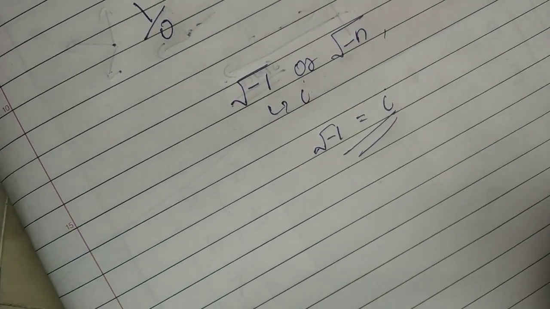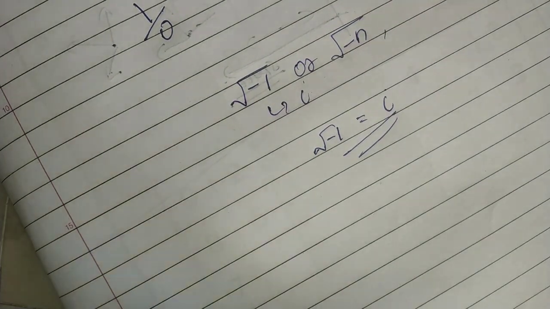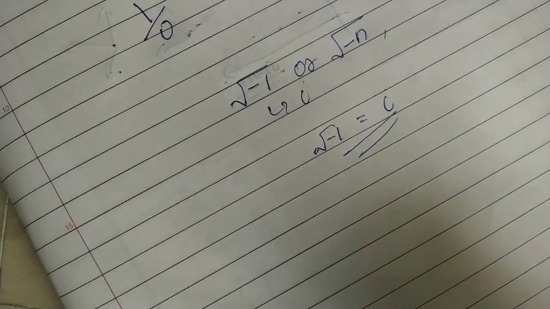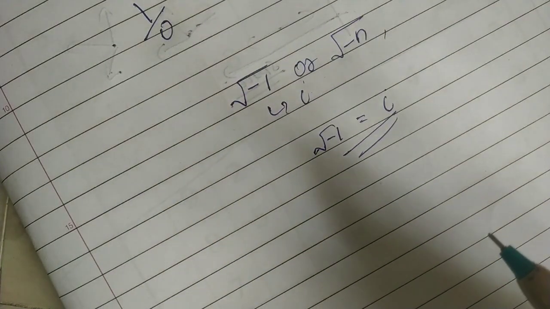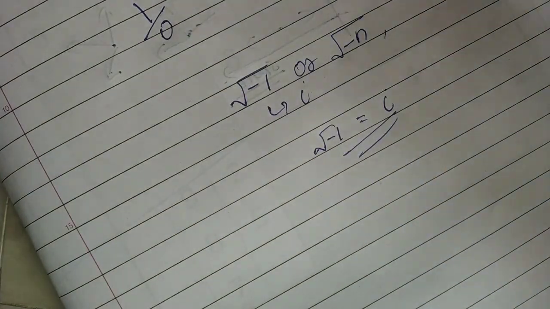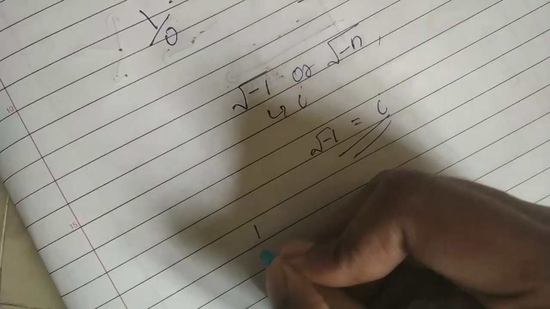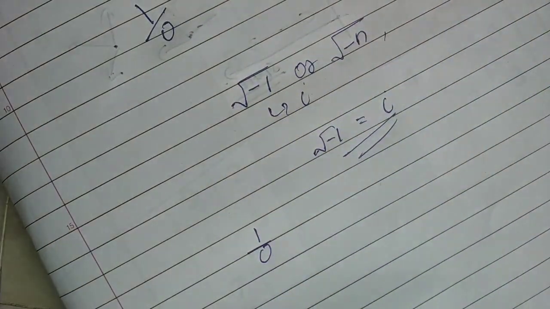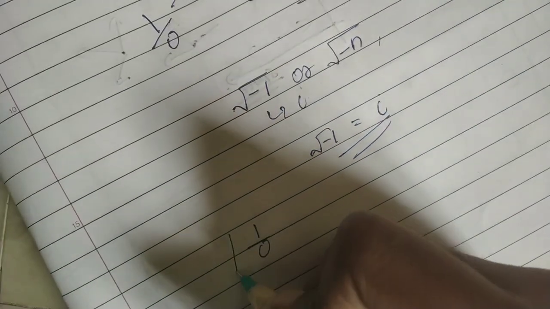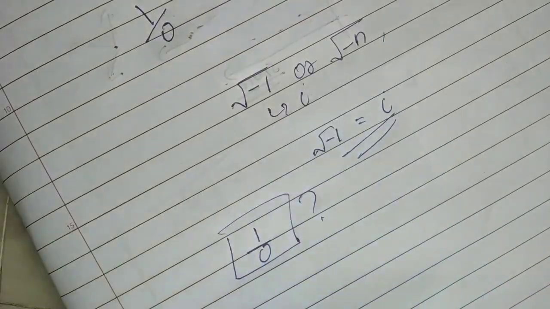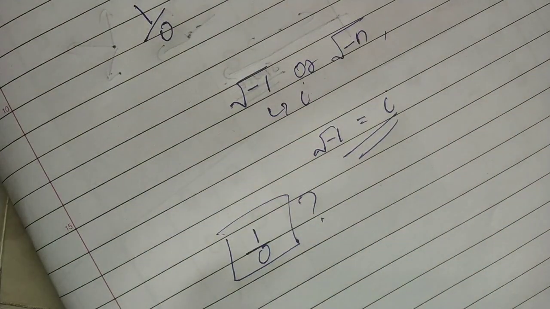So that is the same question I am asking. What I mean by this is that we can define anything irrespective of whether it exists in reality or not. So if we can define this, why can't we define 1 over 0? This is my question. So this is what I thought about.